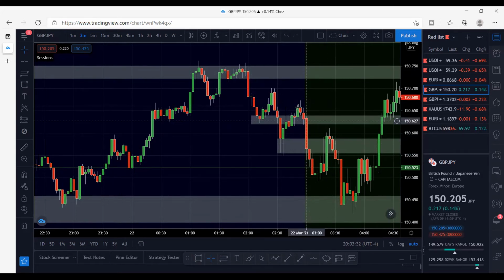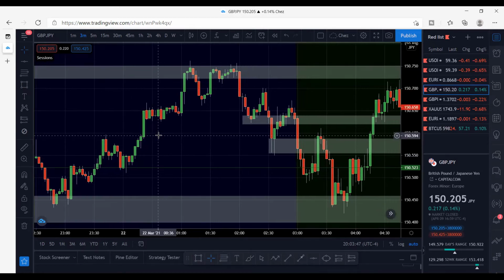So we have this break of structure, this break of structure, this break of structure. So first of all, let's draw fibs. But let's let the price play out a little bit more before we draw fibs. Okay, we have some kind of rejection at this point right here that is telling me clearly that maybe price wants to move down.